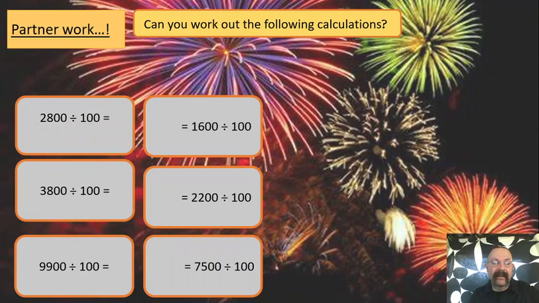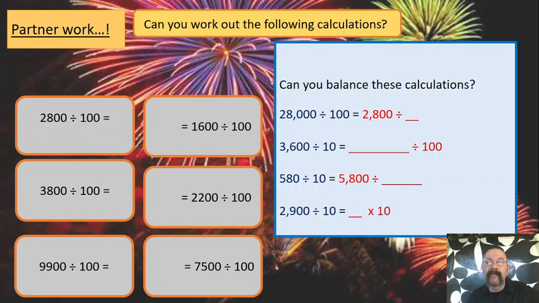The answers you need to put at the end of the number sentences for the first 3, and for the second column of calculations, you need to start with the number.